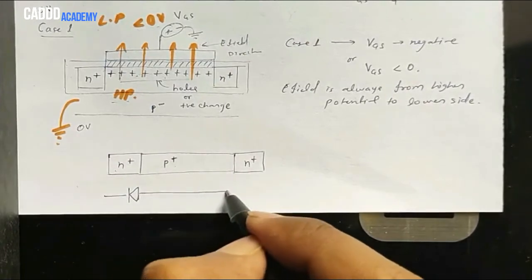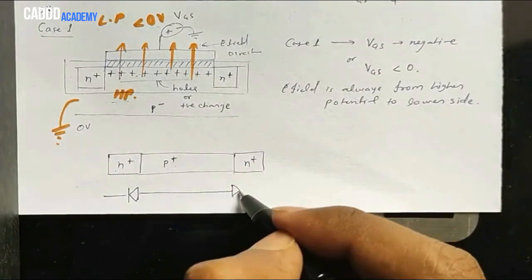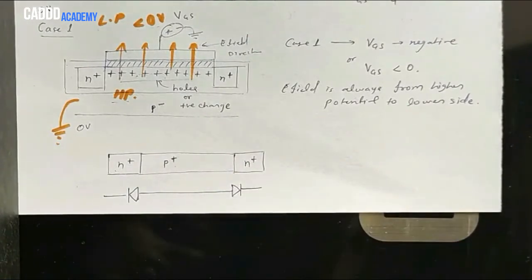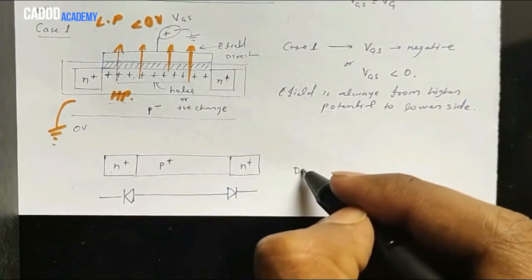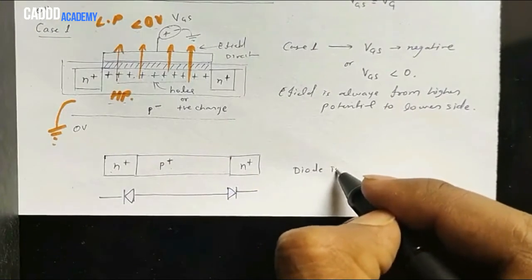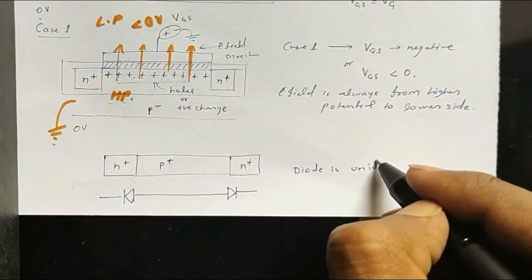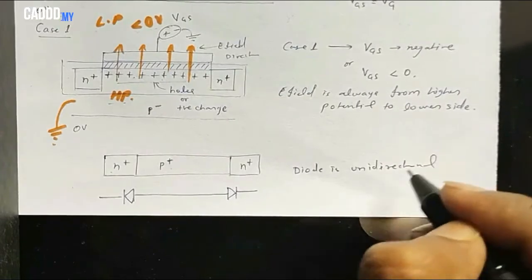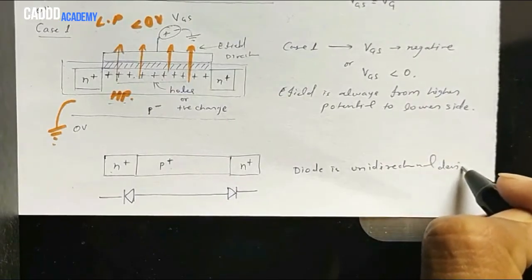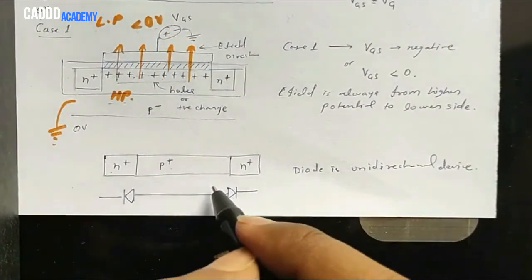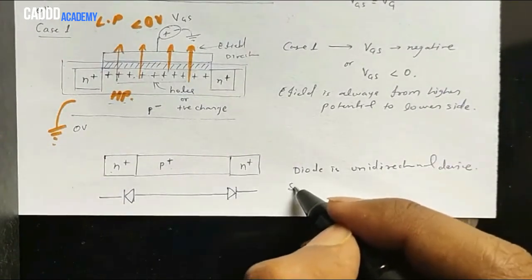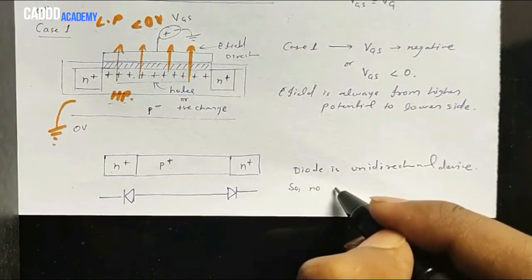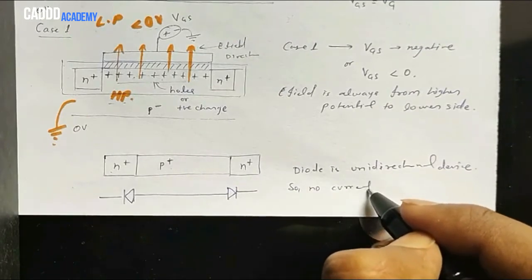So this is forming two diodes back to back, as these are connected. And we know that a diode is unidirectional, which means it allows current only in one direction. So the net current through the branch will be 0.